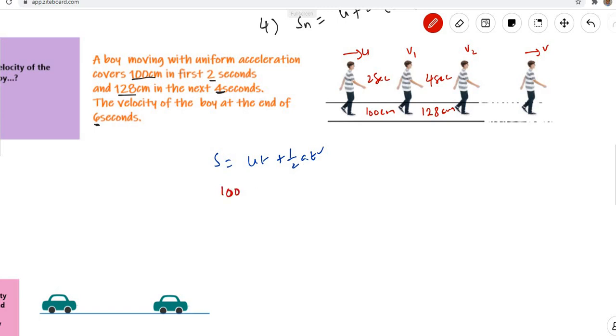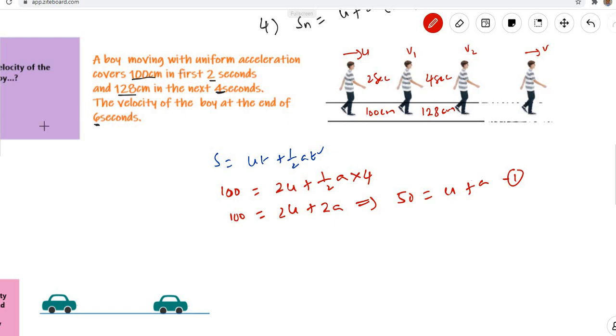So 100 = 2u + ½ a × 4. Time is 2 seconds. So 100 = 2u + 2a. That implies 50 = u + a. Let us take it as equation 1.